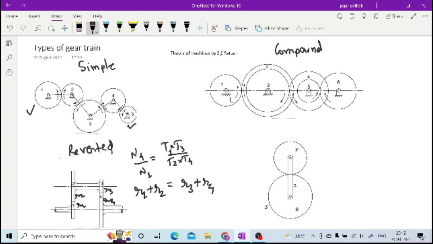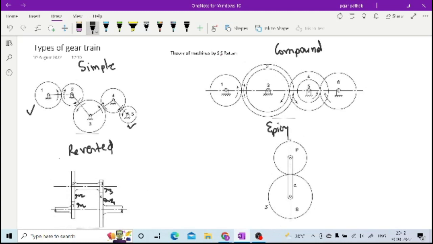Now the last one is the epicyclic gear train. For this we are going to use a tabular method in order to get an idea about the different speeds of different components of this epicyclic gear train.